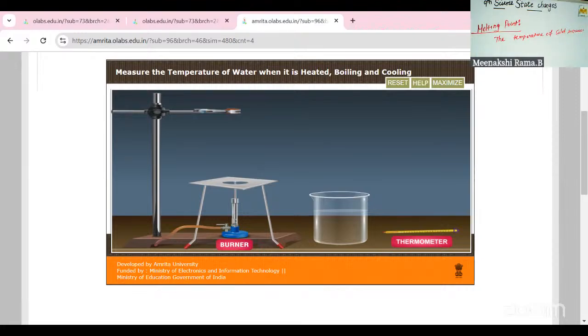The particles of the ice in the solid gain kinetic energy. Kinetic energy means what? We studied different kinds of energy: heat energy, light energy, sound energy, mechanical energy, kinetic energy, like that.